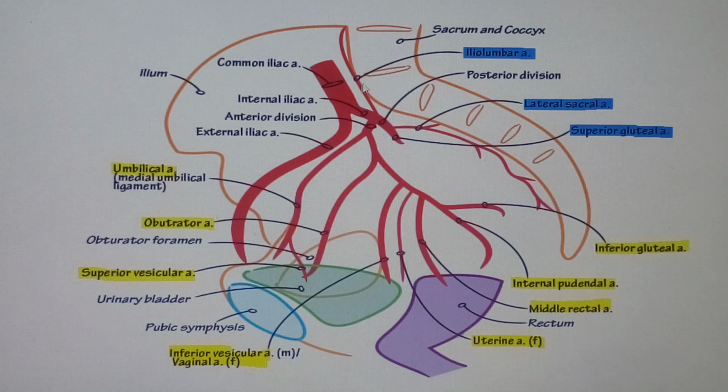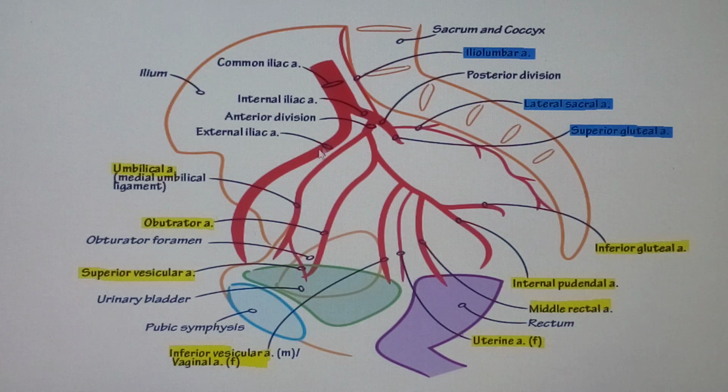So around the 5th lumbar and the 1st sacral vertebral level, that is where this division is taking place. Okay, so that is one thing I want you to know. So around that L5-S1 vertebral level, we get this common iliac artery, whichever way, both left and right, divided into an external iliac artery and an internal iliac artery. Now my friends, if you can see over here, the external iliac artery is quite longer.